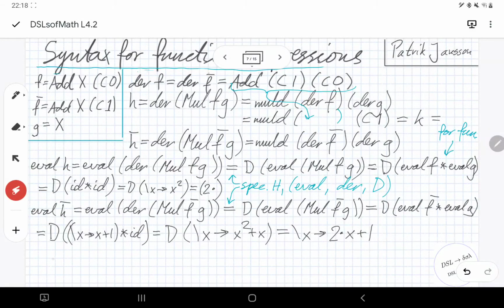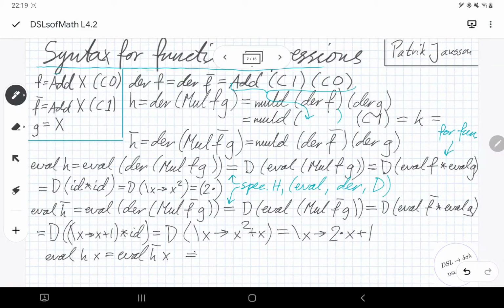That means we have proven here that eval of h applied to any x is equal to eval of h bar applied to any x, because if h is equal to h bar, then certainly if we evaluate it, we should get the same.